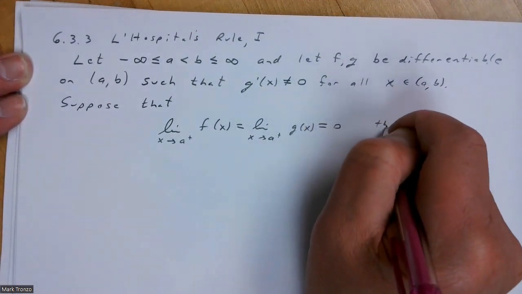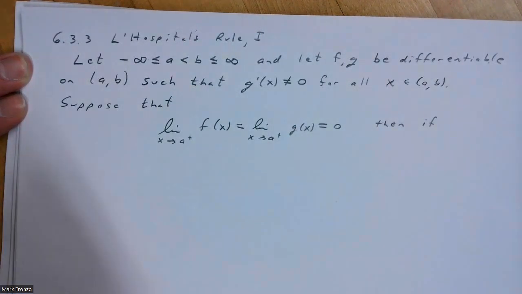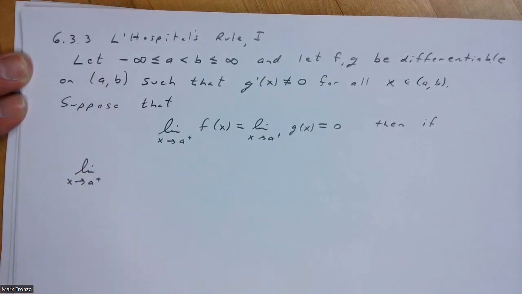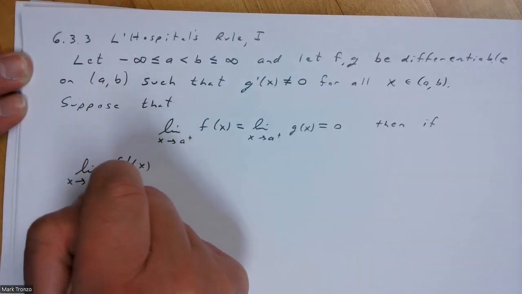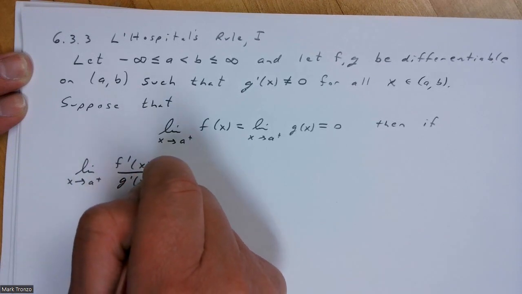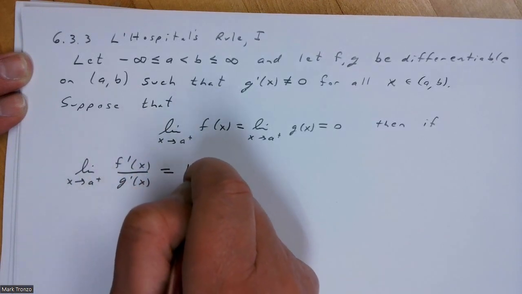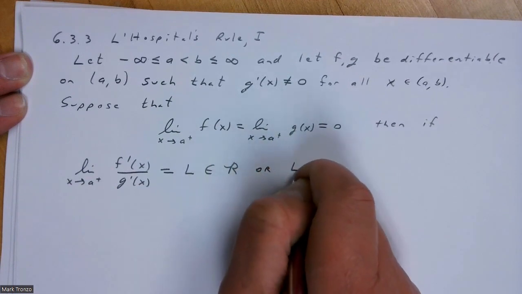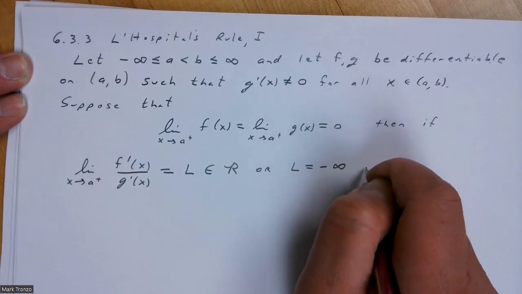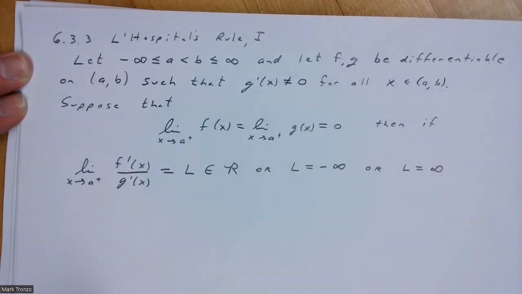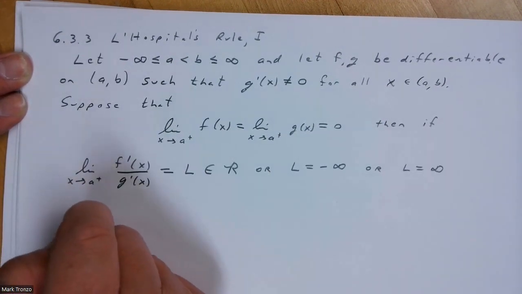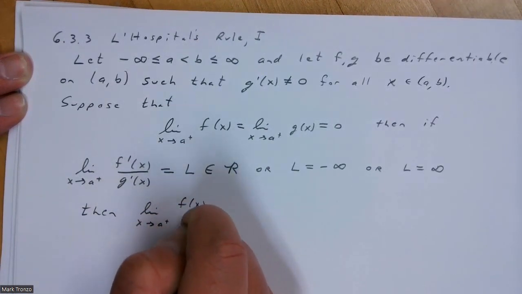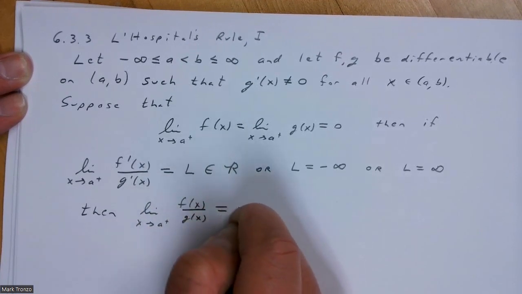Then if the limit as x approaches a from the positive side of f prime of x over g prime of x equals L, where L is in the reals, or L is equal to negative infinity or infinity, then the limit as x approaches a plus of f(x) over g(x) is equal to L.